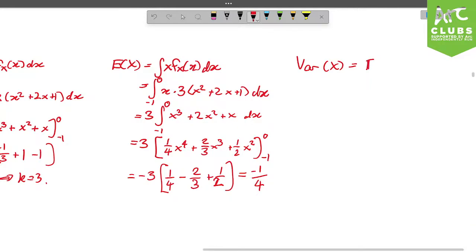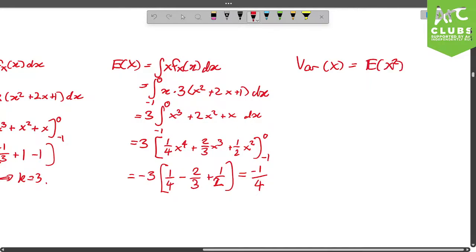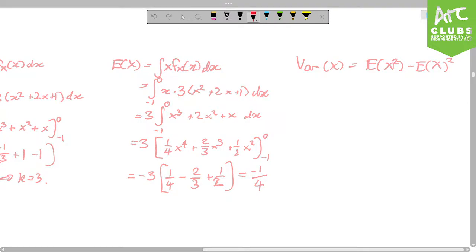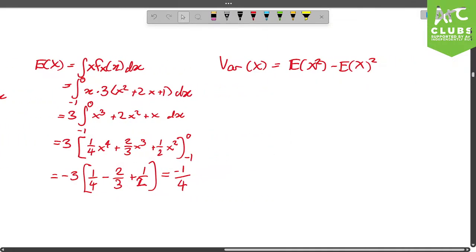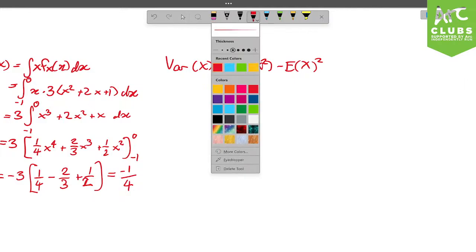Well, that's just the expectation value of x squared minus the expectation value of x, squared. Sadly, we have to do another integral, and also, sadly, this machine is having issues.